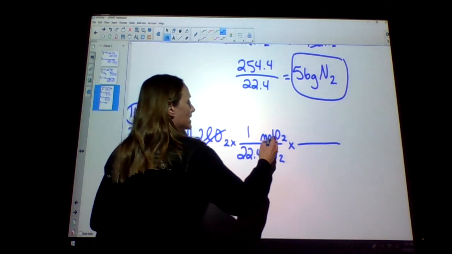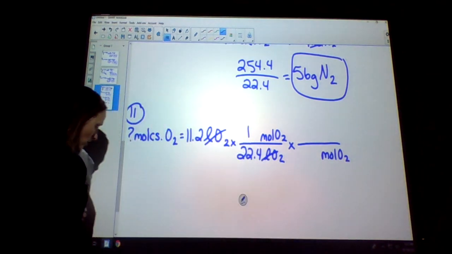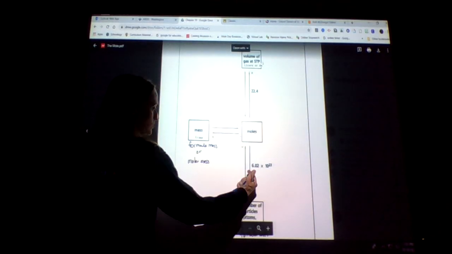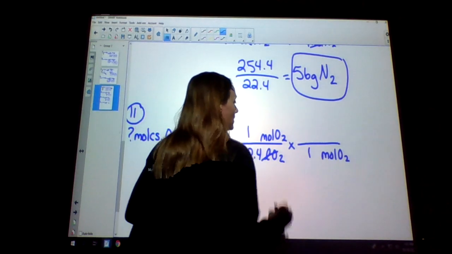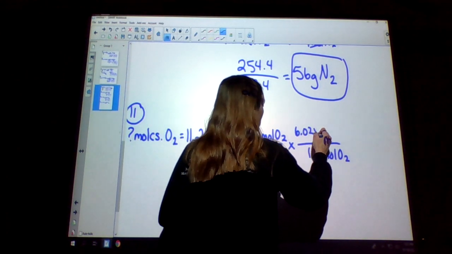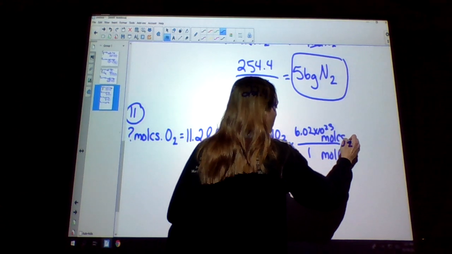If we want moles to cancel, moles will go in the bottom. Looking at our mole diagram, we're going to go moles down to your number of molecules using Avogadro's number. The number 1 will always go with our number of moles. Avogadro's number will go up here with our molecules.